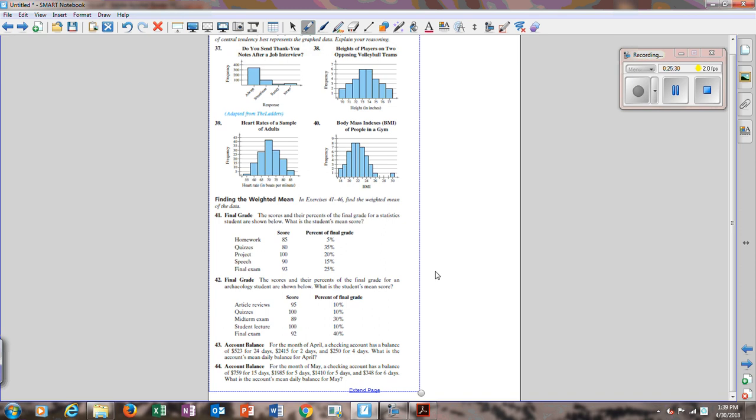Number 42, the scores and their percent of the final grade for an archaeological student is shown below. What is the student's mean score? Okay, so this is an example of a weighted mean.